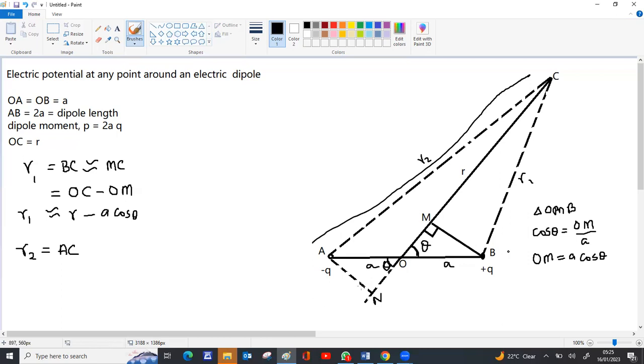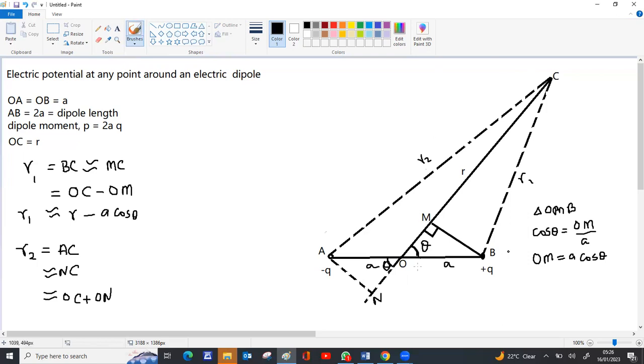That can be approximated as NC for large distance, which is OC plus ON.